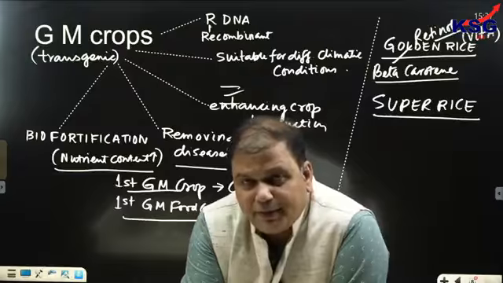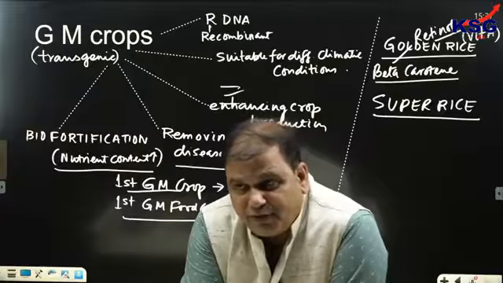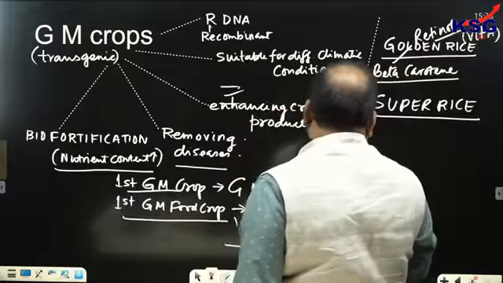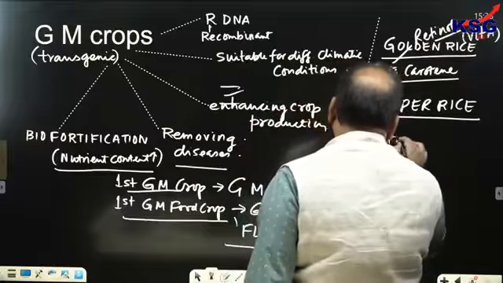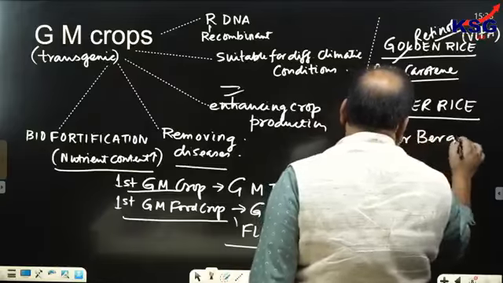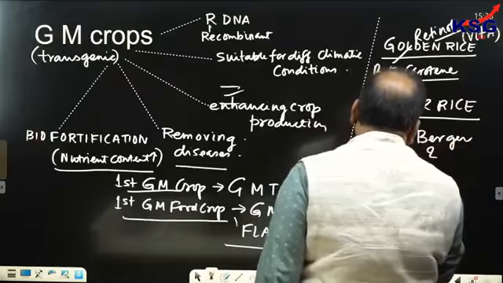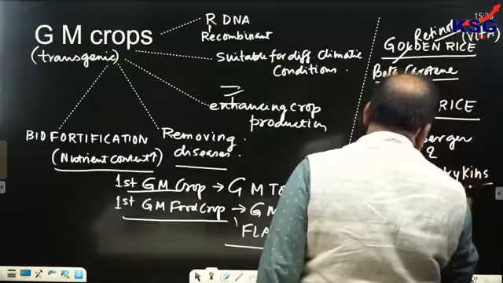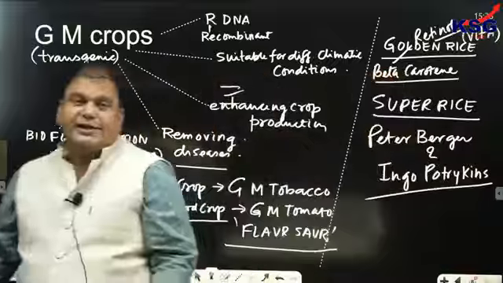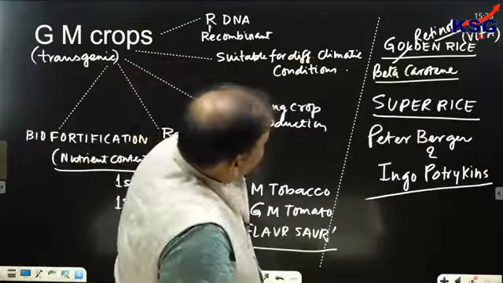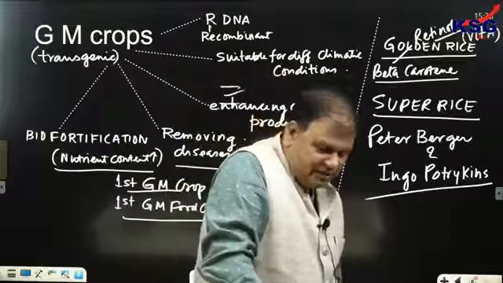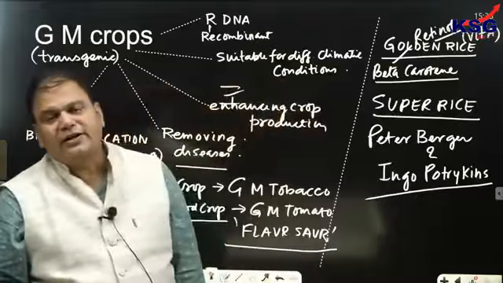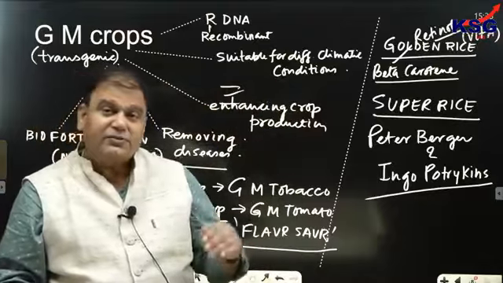Clear? To remove this drawback, Peter Beyer and Ingo Potrykus developed a transgenic variety called golden rice, by taking genes from other organisms.